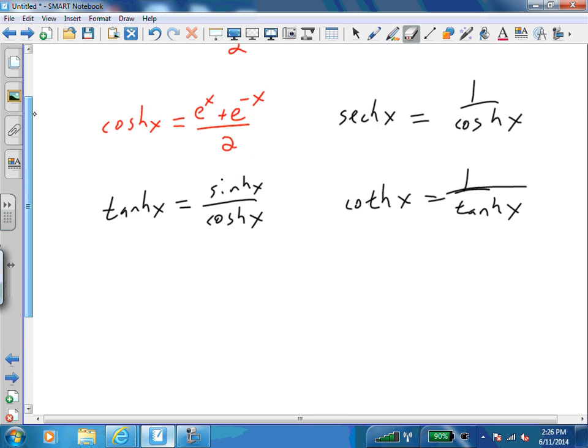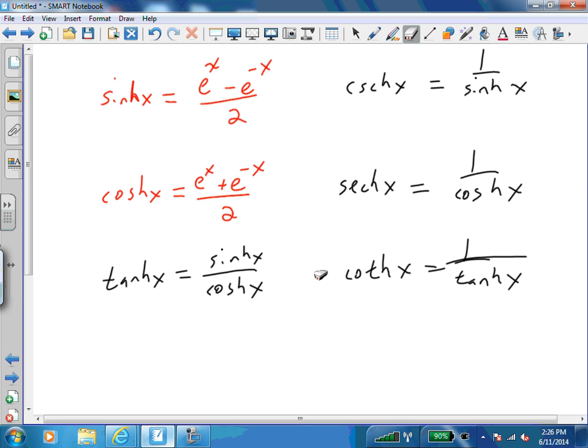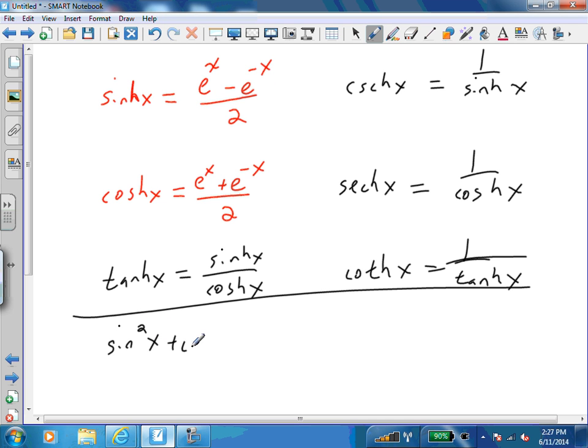Now, what you need to know is basically this. They give some graphs of hyperbolic sine, hyperbolic cosine, so forth on page 384. Some of the identities are the same, but they're not all the same. Where in regular trig, sine squared plus cosine squared is 1.